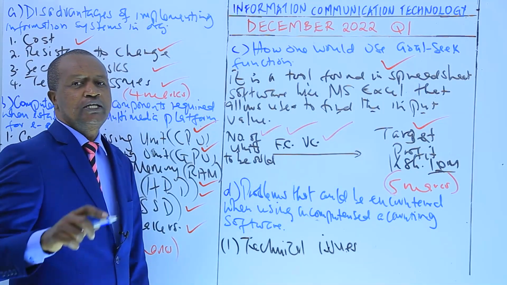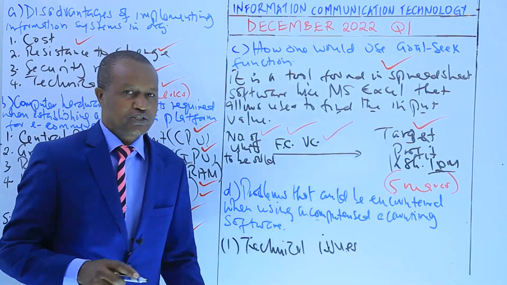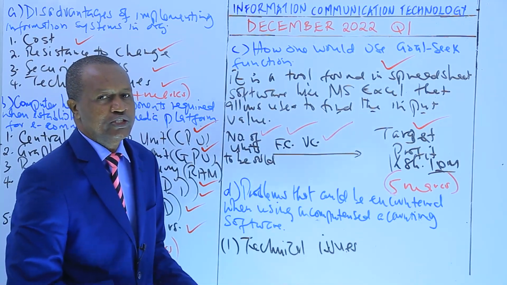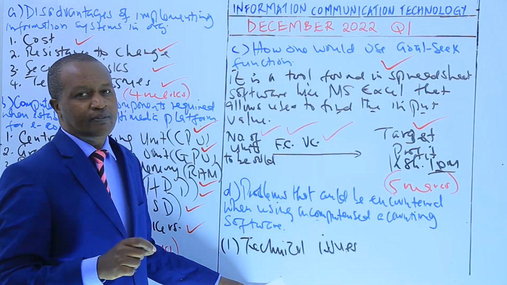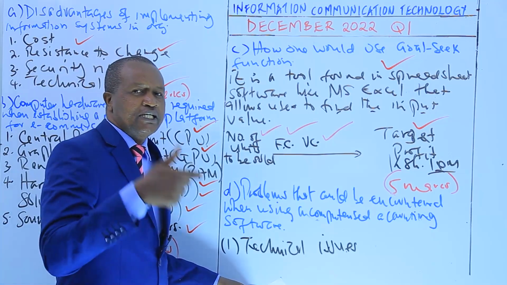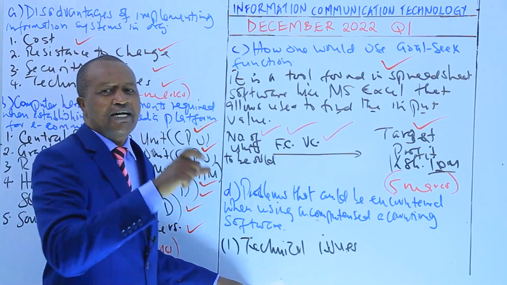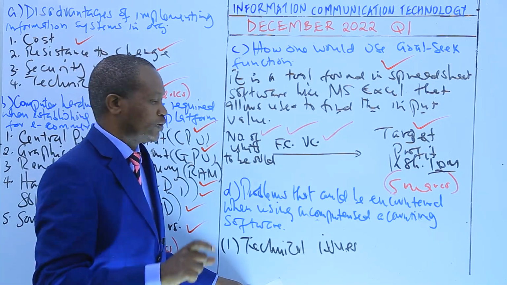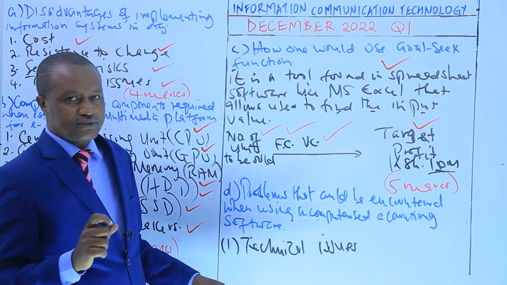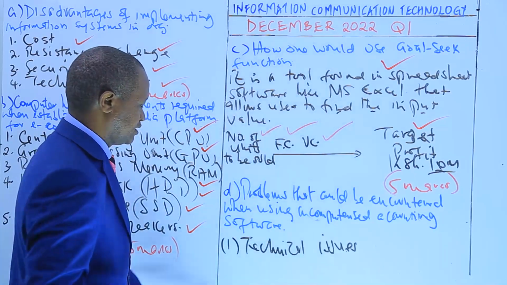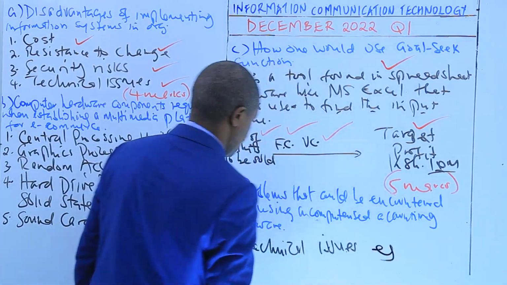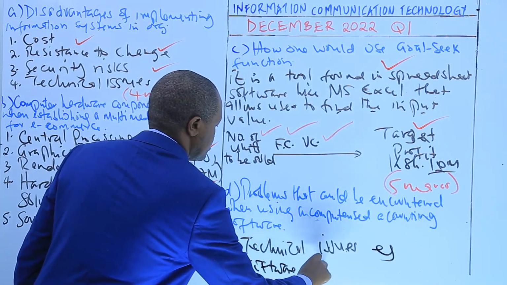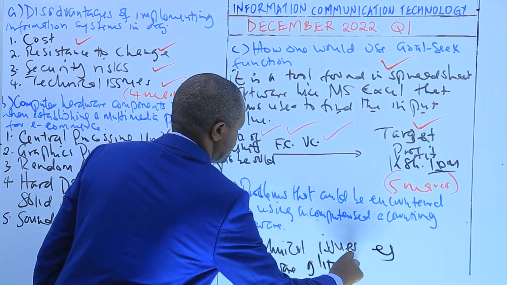Technical issues. Computerized accounting software relies on technology infrastructure, and technical problems can arise, such as software glitches.